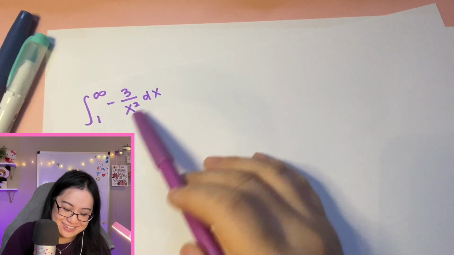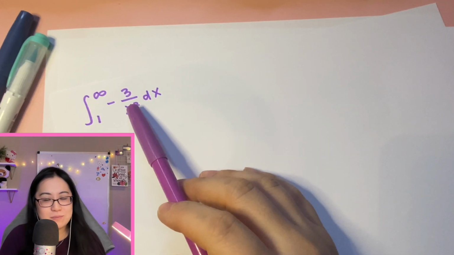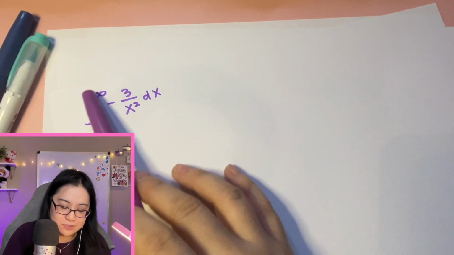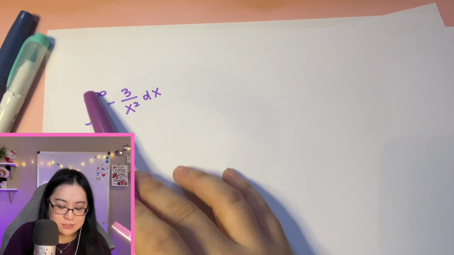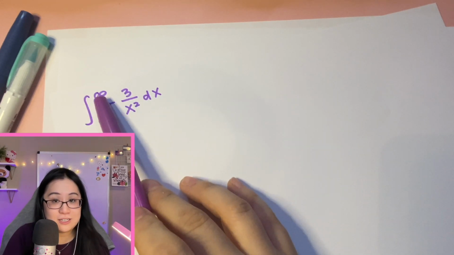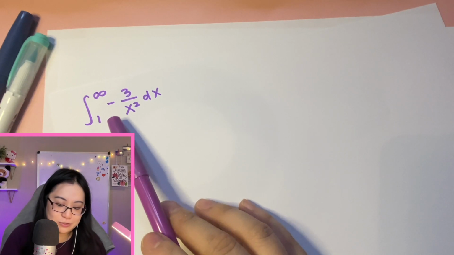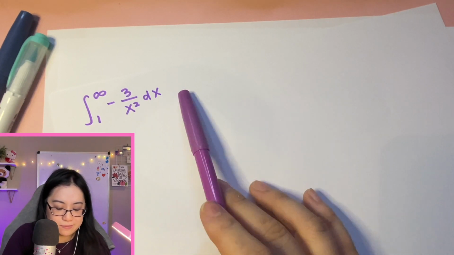So what makes this an improper integral? Well, in this particular case, it is because we have this infinity that it's improper, so to speak. So what does that mean?